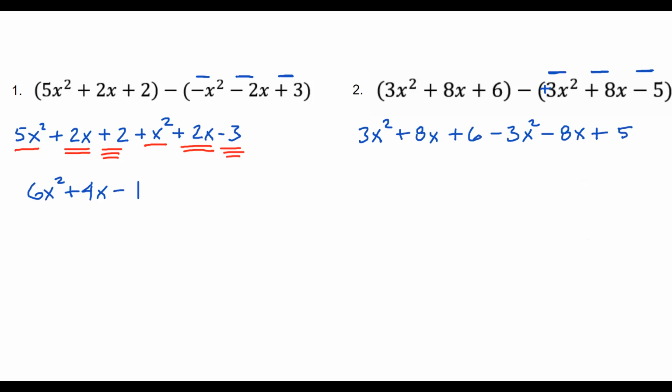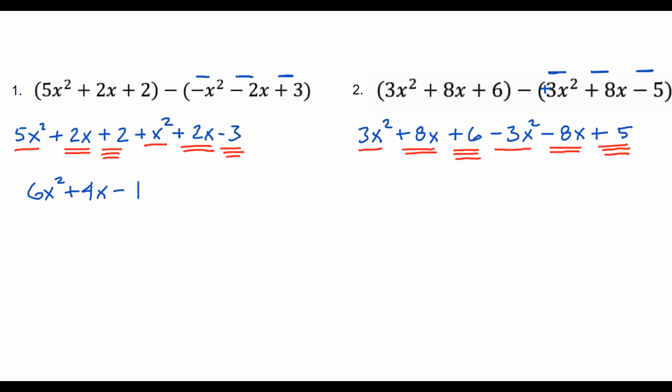This is sort of an unusual problem, but I wanted to go through an example like this. Here's our like terms, 3x squared, minus 3x squared, plus 8x. That's an x term. Here's another x term, minus 8x. Plus 6 and plus 5 are the constants.